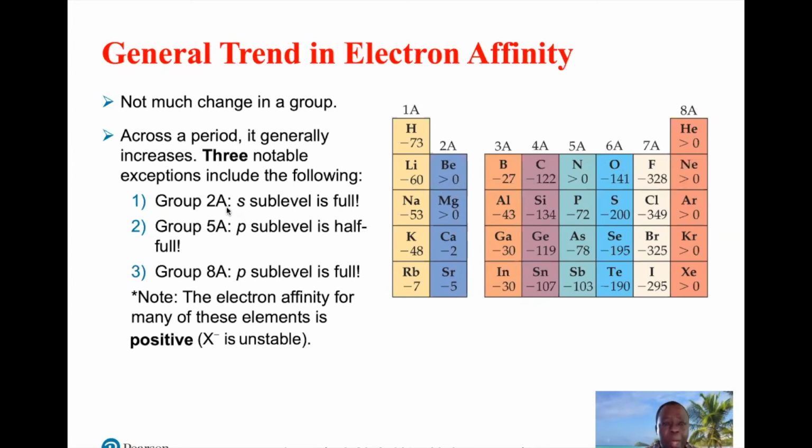Even though it's not well defined, we can see that within a group there's not much change as you go down. Generally it increases, even though you may say there is some discrepancy, but as you go down, there is not much change in the trend.